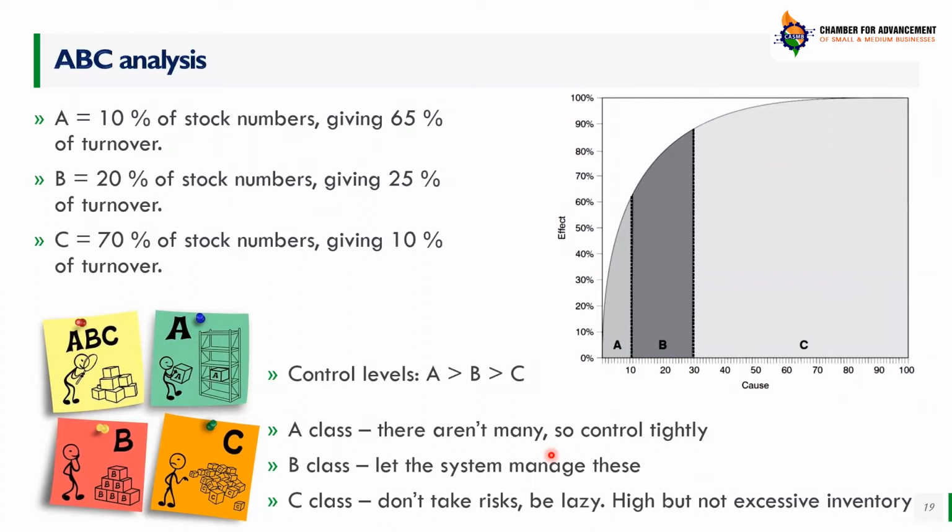Suppose a class A item costs 50,000 rupees versus a 2 rupee screw. You can have a rough number of screws in your shop, but for the 50,000 item, if instead of 5 items I bought 8 items, then those 3 items will cost 1.5 lakhs more. You cannot do that loosely. That's why you should have tight control on class A items, and it's easy because the number is lesser, but since the cost is higher, you should have tight control.